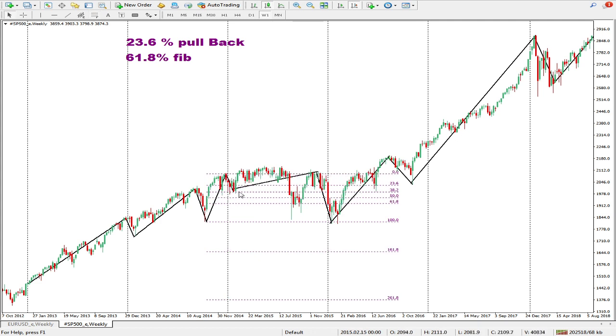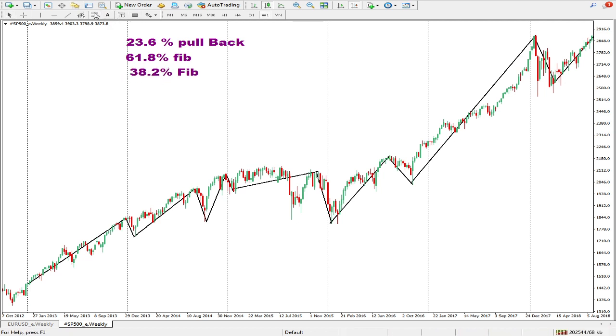For this one, the pullback was around the 38.2% fib level. So the next one, 38.2% fib retracement.